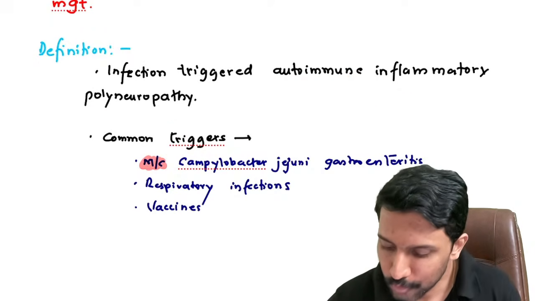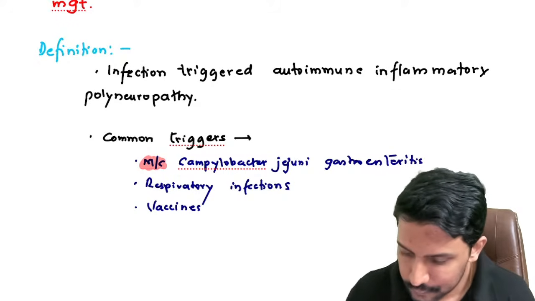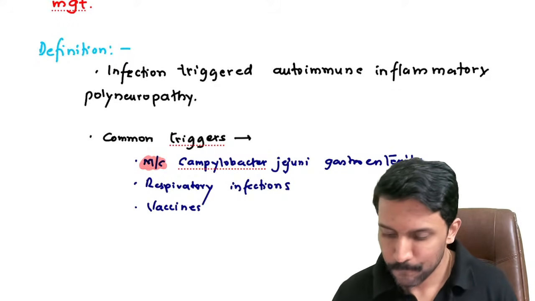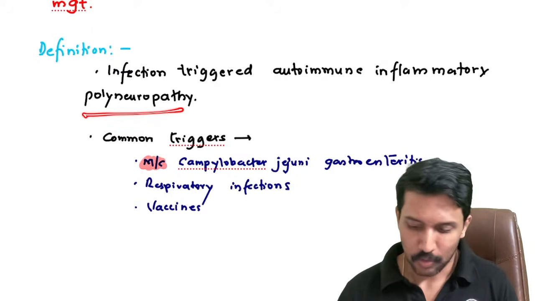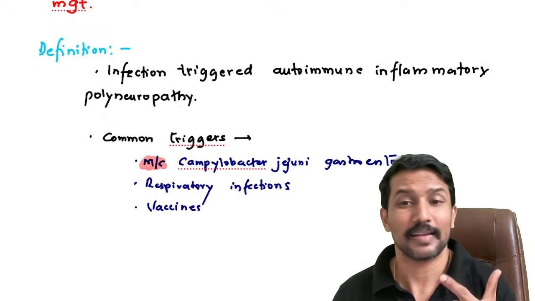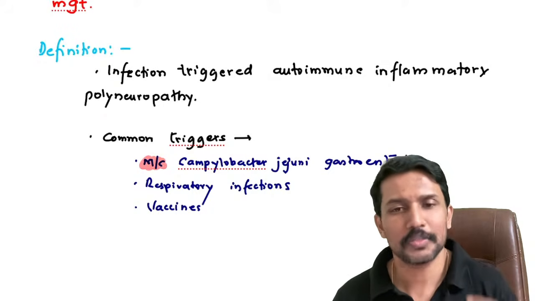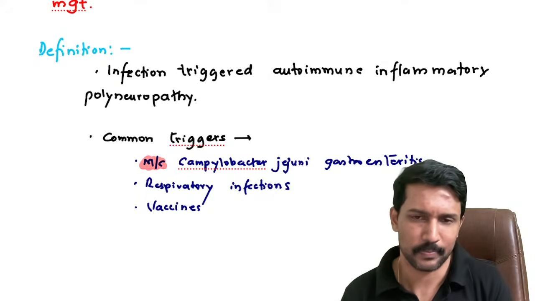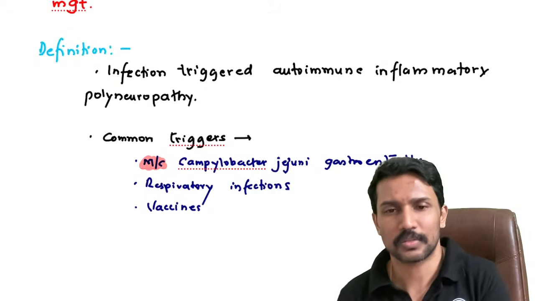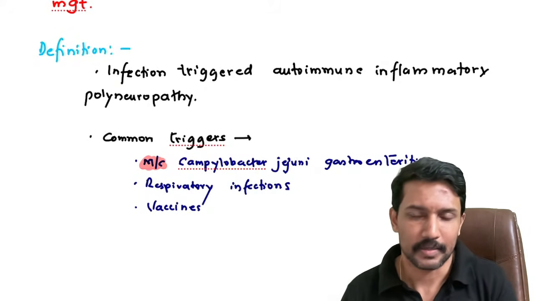Okay, and one important rule I want you to remember. Generally, polyneuropathies that we talk about, GB syndrome is one, then diabetic neuropathy is a polyneuropathy. GB syndrome is an acute, sudden onset polyneuropathy. Diabetic neuropathy is slowly progressing. Then lead neuropathy, lead toxicity, chronic exposure to lead.